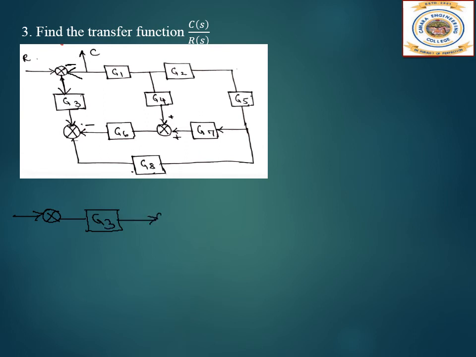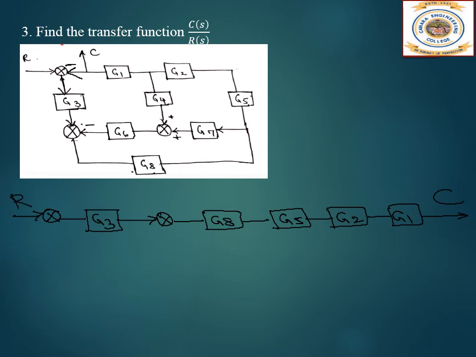Then we have another summation point. Its output goes to G8, then to G5, then to G2, then to G1, and this is C. So this is the first straightforward path from input R to output.